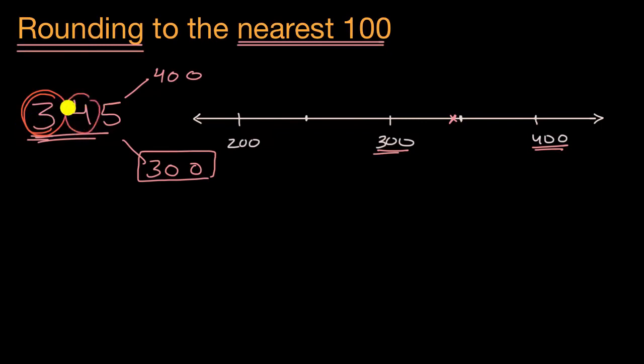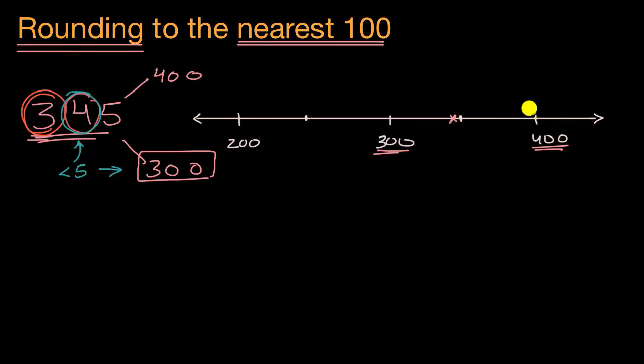In our tens place right over here, if this is less than 5, then we round down. If it is greater than or equal to 5, we round up. So in this situation, it is less than 5, so we round down. If this was 365, well, then that would be greater than or equal to 5, so then we would round up. And that makes sense, because 365 would be over here, and it would be closer to 400.